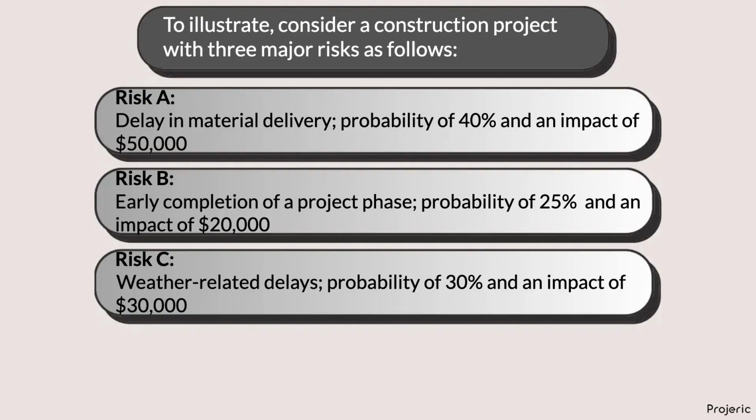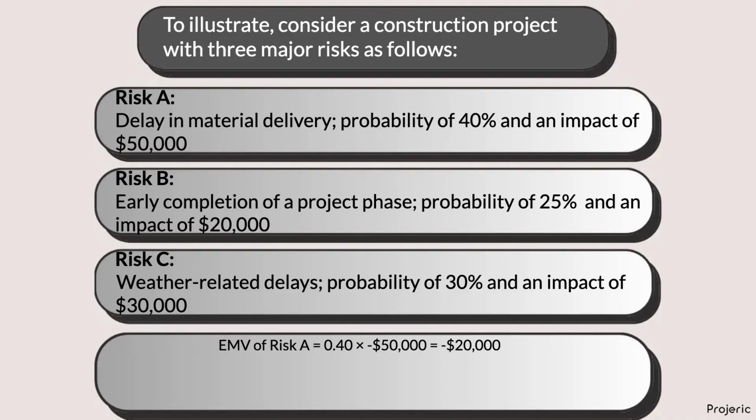In this example, note that Risk A and C are negative risks, threats, while Risk B is a positive risk, opportunity. With these values, we can calculate the EMV for each risk as follows. EMV of Risk A equals 0.4 times negative $50,000, which equals negative $20,000.